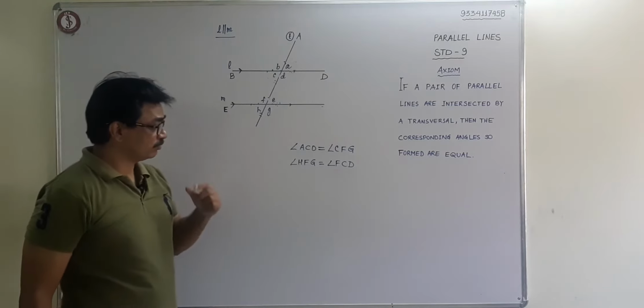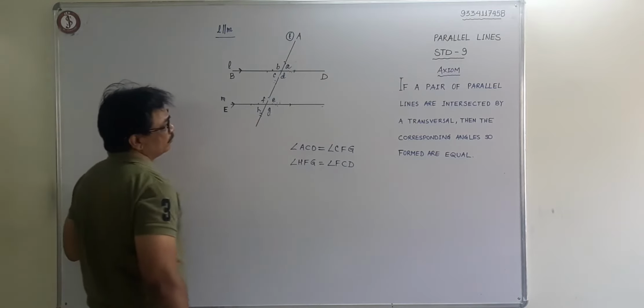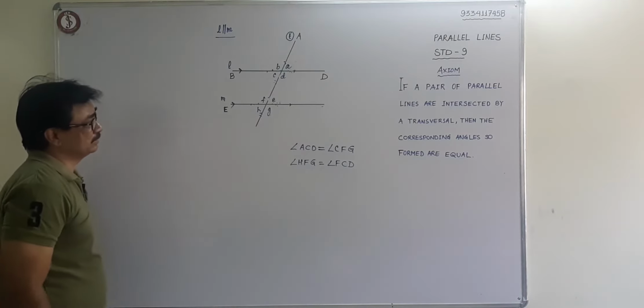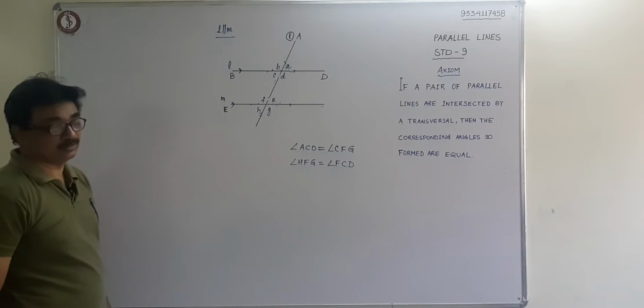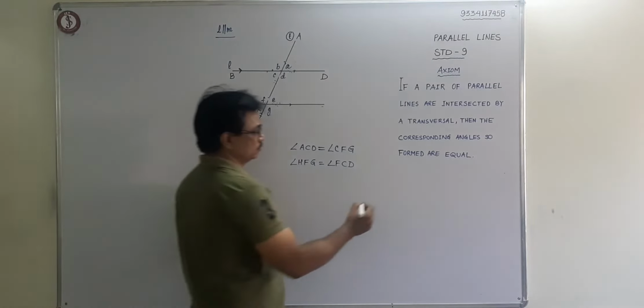Now here I am trying to find out a theorem. The theorem says, if a pair of parallel lines is intersected by a transversal, then the alternate angles are equal. I write it here so that I can use the board space.